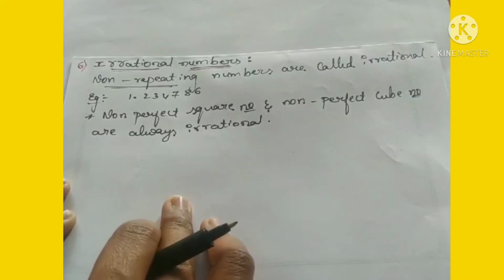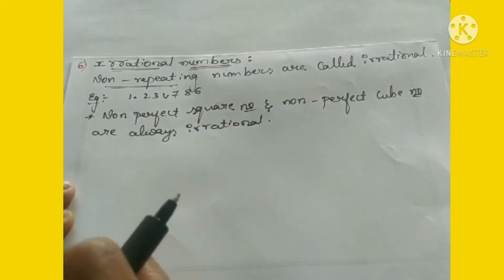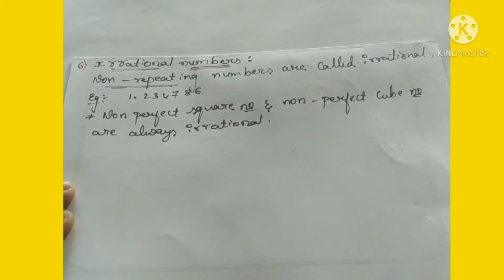It means if a perfect square number or cube number is there, then it is called a rational number. But if a non-perfect square number or cube number is there, then it is called an irrational number.